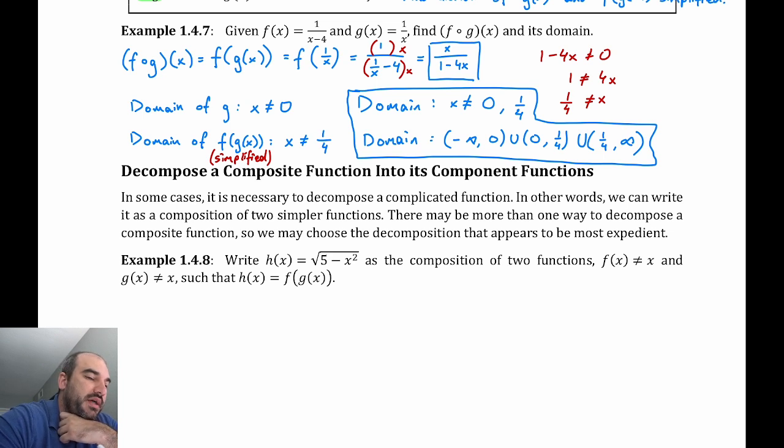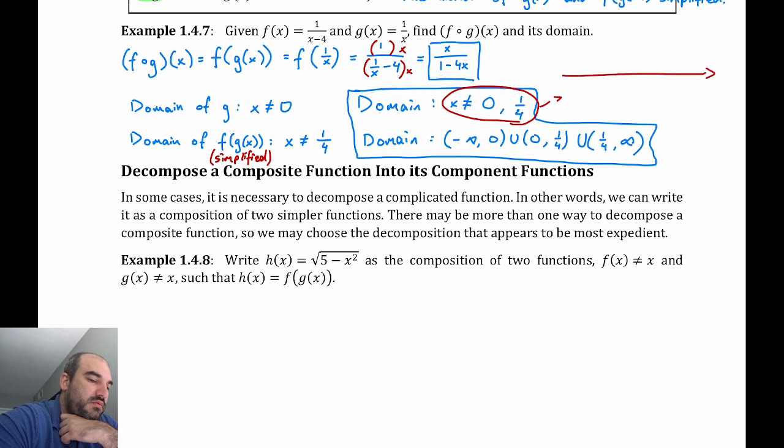It might help to take this and put it into a number line. And say at 0 and at 1/4, I want to have holes punched out, but I do want everything else going this way forever. I want everything in between, and I want everything going this way forever, right?